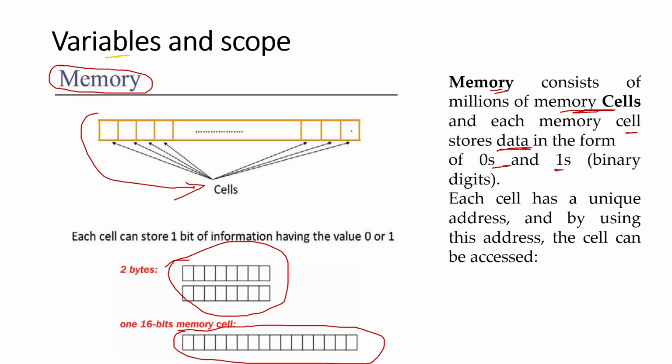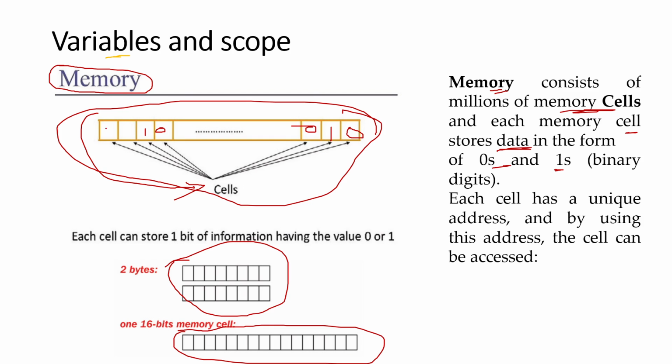I mean each cell has a capacity to store only one bit of data. Means it can store either 0 or 1. So that's what the author is telling. So once again I will repeat, memory is nothing but a collection of cells, and each cell has a capacity to store one bit of data. Hence it can store either 0 or 1, right?